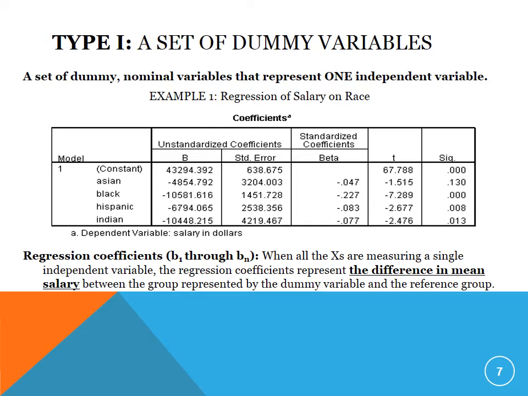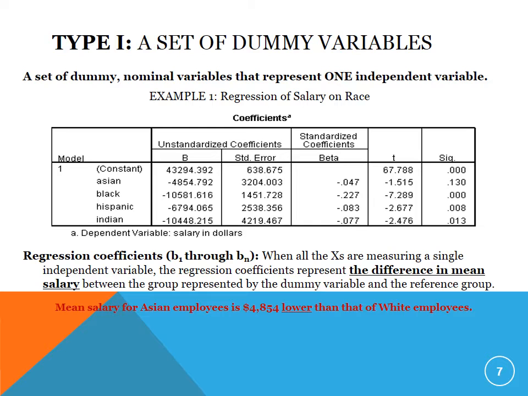So all 4 of these regression coefficients are being compared to the reference group white. Okay, so the mean salary for Asian federal employees is $4,800 less than that of white employees. I'm going to let that sit a little before we move on.